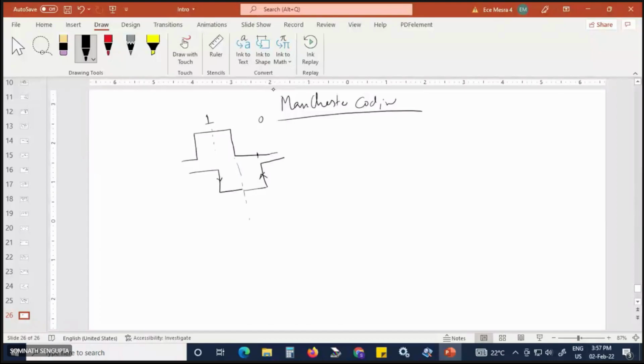Now this depends on the clock pulse. Let us say this is your data, and we use many clock pulses.